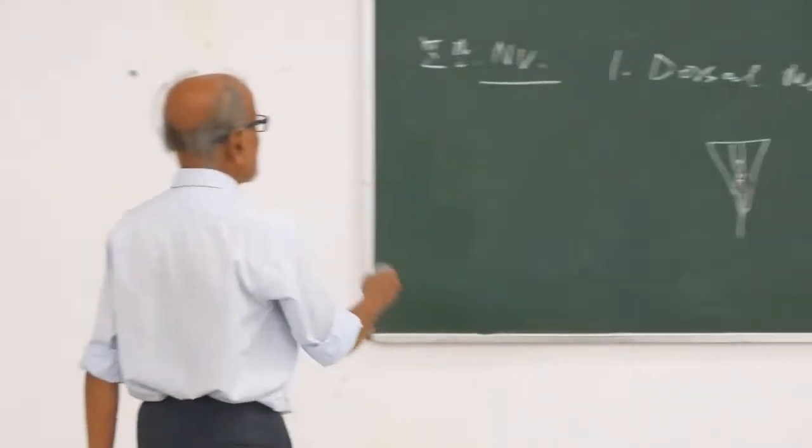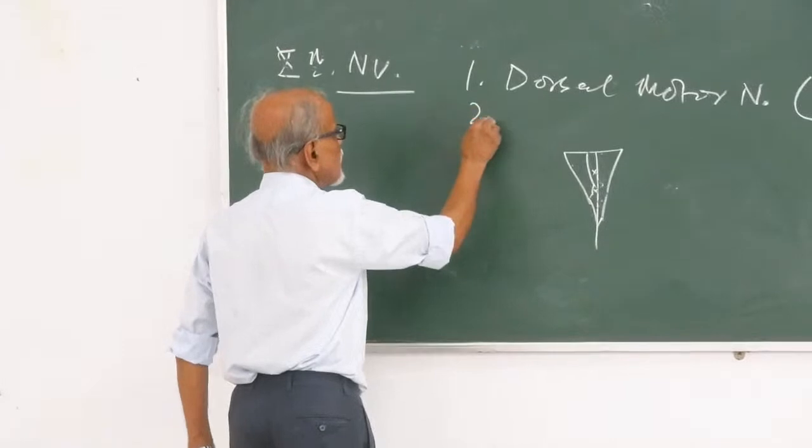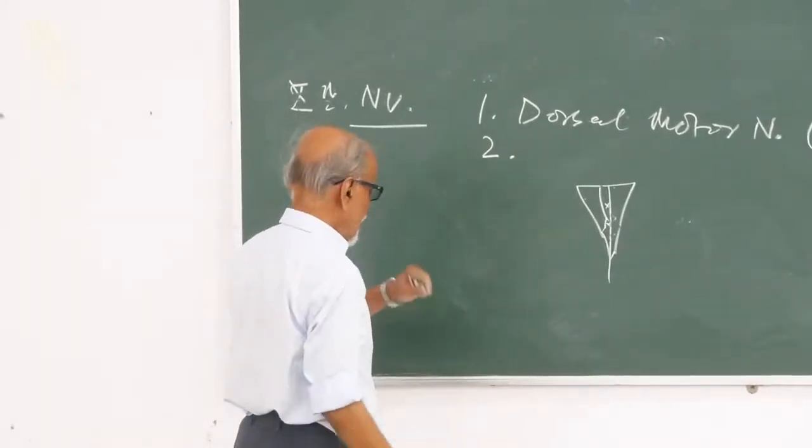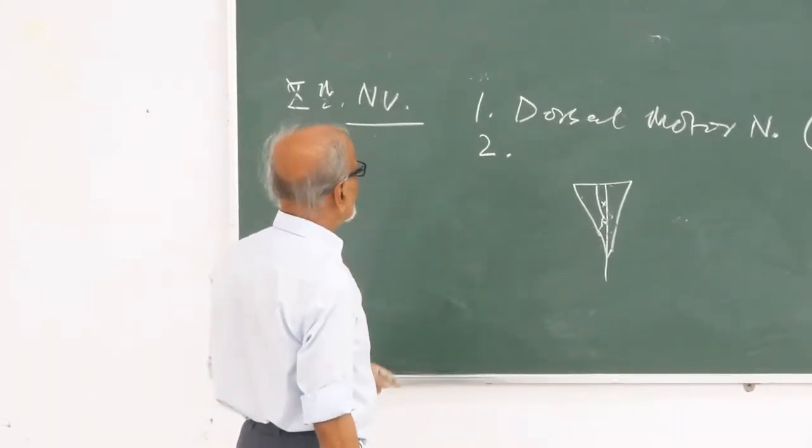Answer is, beneath the ependymal floor of the fourth ventricle lies the dorsal motor nucleus of vagus. ঠিক আছে? dorsal motor nucleus of vagus এ কি আছে? Preganglionic parasympathetic neurons serving the vagus. বাস হয়ে গেল.